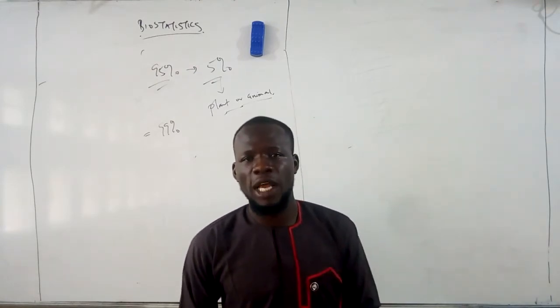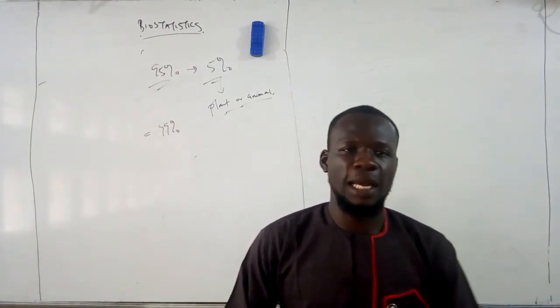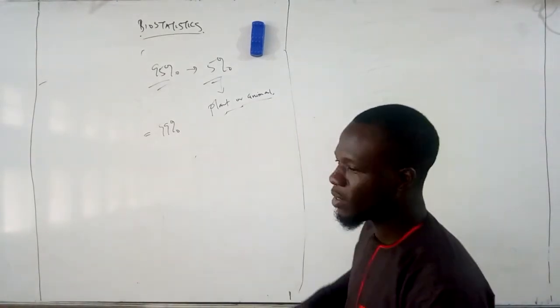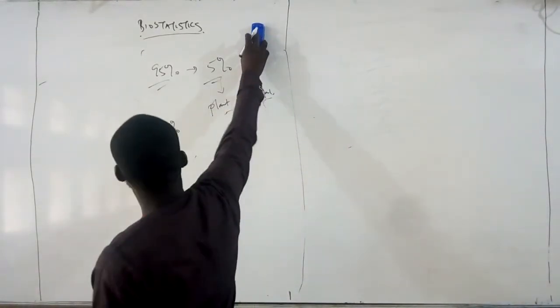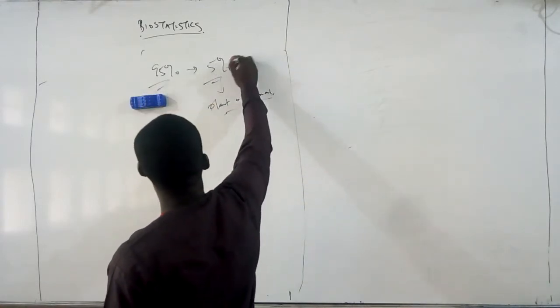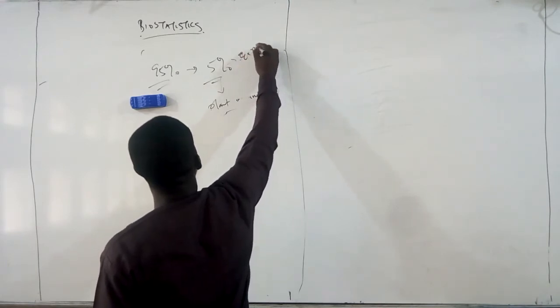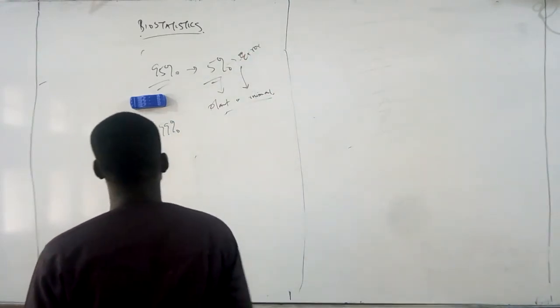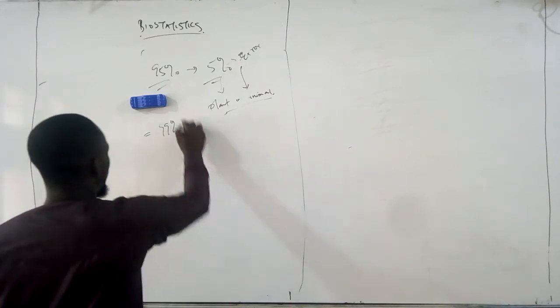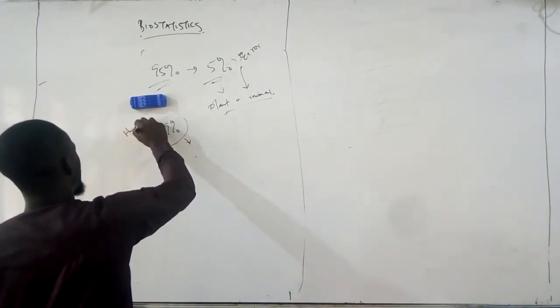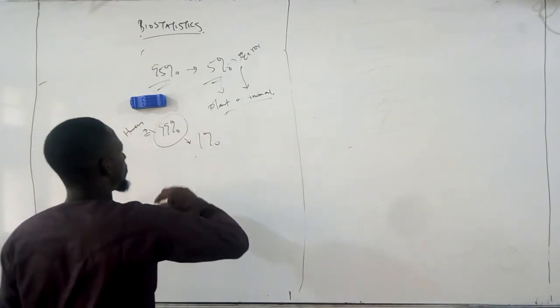That is, the acceptable error in this type of instance, especially on human, is supposed to be 1% error. So the confidence interval here is 95% with 5% error, and this is for plant or animal. But when we are talking about human, the confidence interval should be 99% and the error should be what? 1% error.